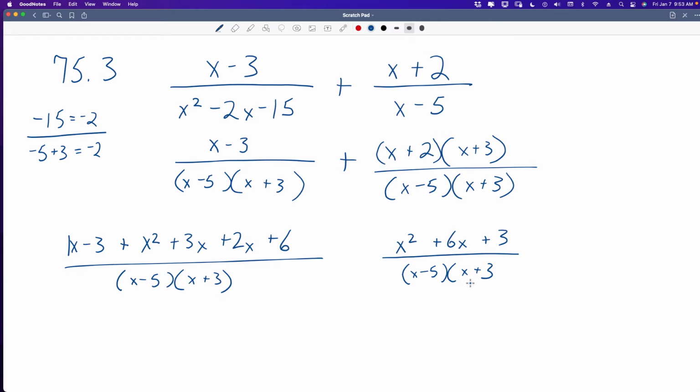Let's see. No. I think the book made a mistake, guys. I'm looking at the book.